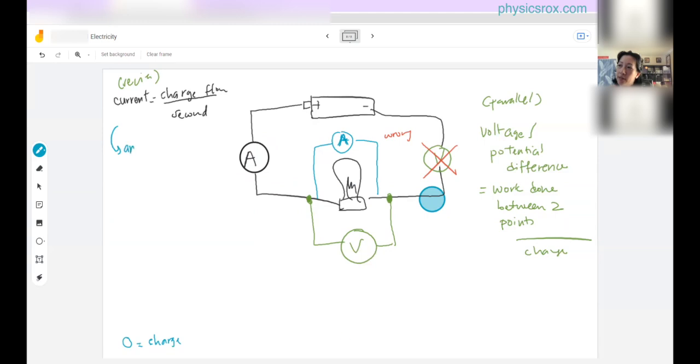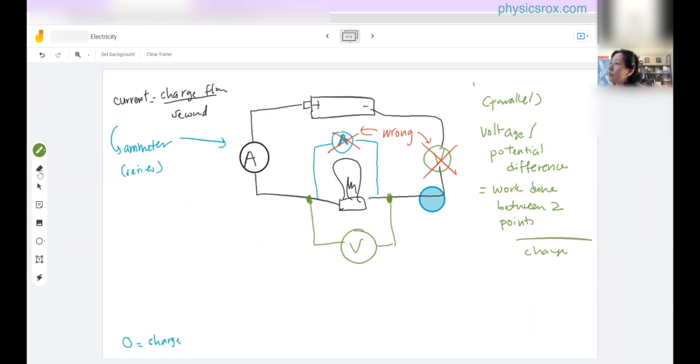So the ammeter for this one must be placed like this in series. In series means like in the same row, okay? Same row. This one is wrong, okay? This is wrong. So this one we use the voltmeter to measure. This voltmeter must be in parallel. Wait, let me rewrite this nicely.